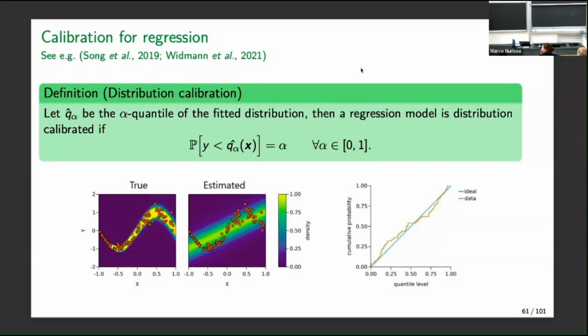And it looks like a strong condition because we want this to be satisfied for all the quantiles of this conditional distribution, but actually it's quite weak. So this first paper has a nice example. Let's assume a distribution where the ground truth is as we have on the left here. It's a kind of sine wave where the variance increases more to the right.